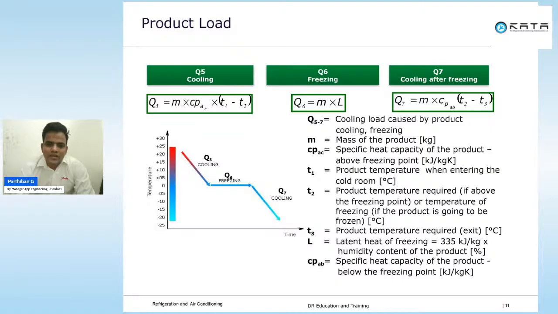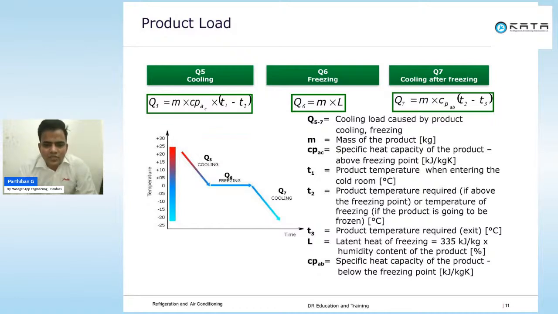To calculate the heat load before freezing, we need the specific heat above freezing point. M is the product mass entering the cold storage. T1 is the initial entry temperature, which most of the time is equivalent to ambient. If a customer is bringing the product from a blast freezer, the temperature of the blast freezer will be the initial entry temperature.